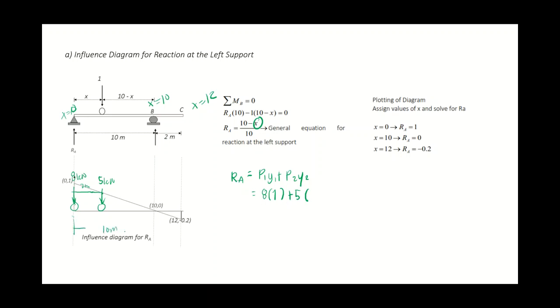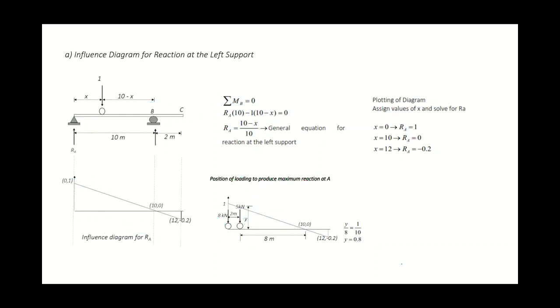This is 10 meters, this small triangle is 2 meters, and this is 8 meters. So, 1 is to 10 meters equals y2 over 8. You will get the value of y2, then the maximum reaction at RA. So, it is 0.8. The maximum reaction at RA is 12.